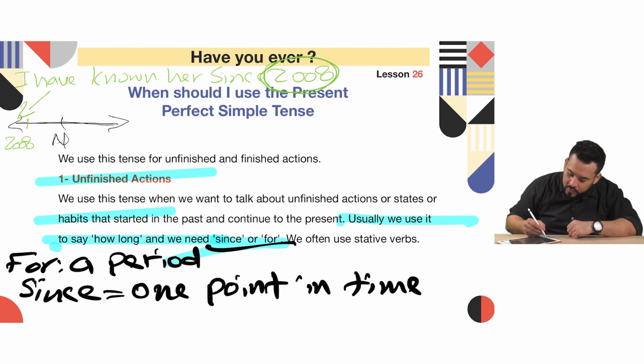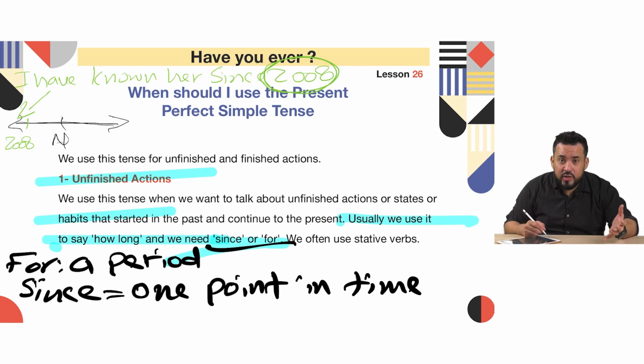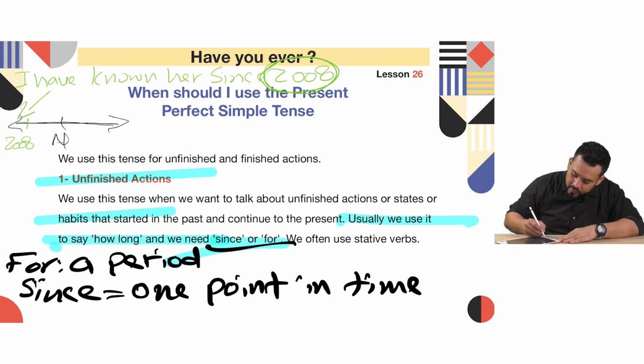Now if I want to use for, let's say now we are in 2021 and I've known her since 2008, so that's 13 years. So the period from this point to this point is 13 years. For this period, I'm going to say for.